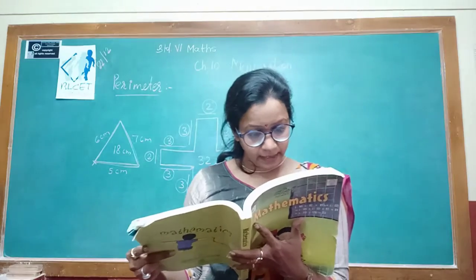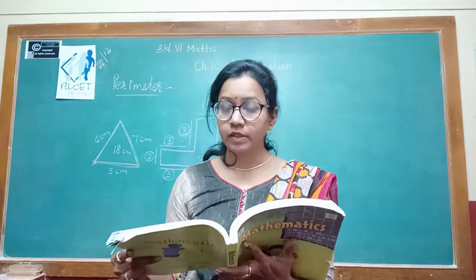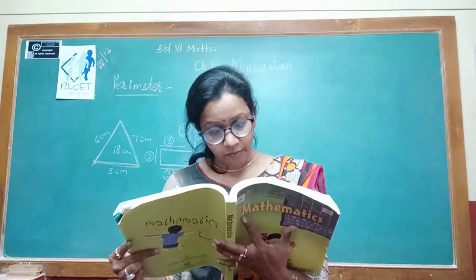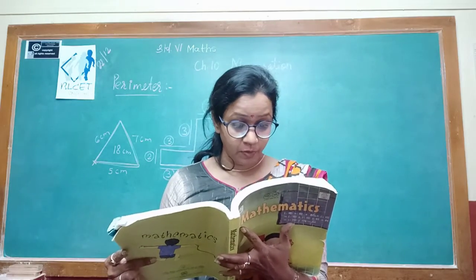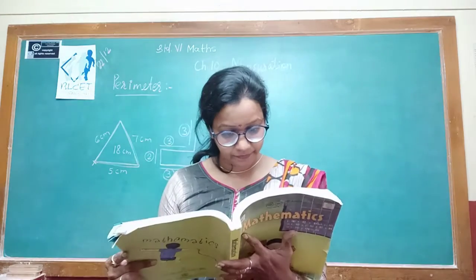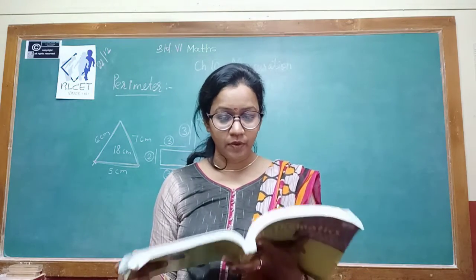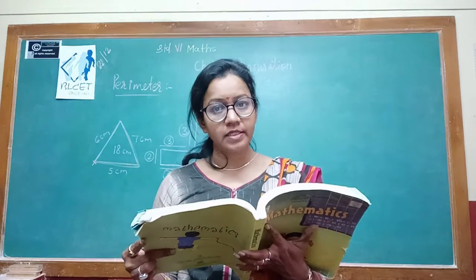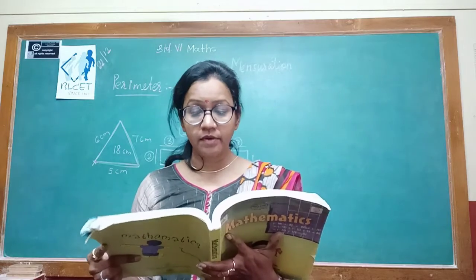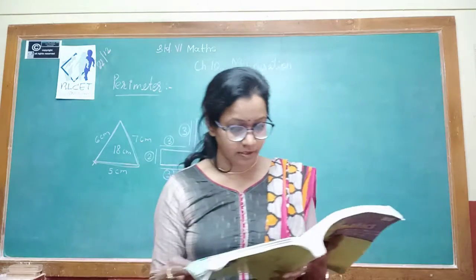Perimeter is the distance covered along the boundary, forming a closed figure, when you go around the figure once. Here many examples are given in your textbook, and the measurements are also given, so you can try to solve those questions by yourself.